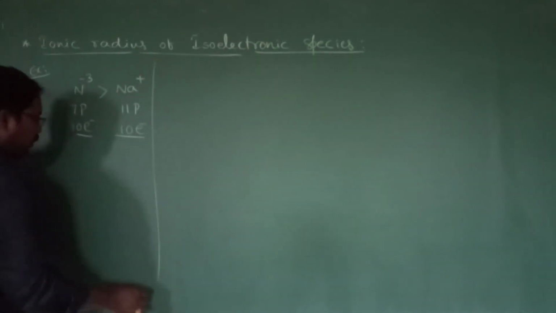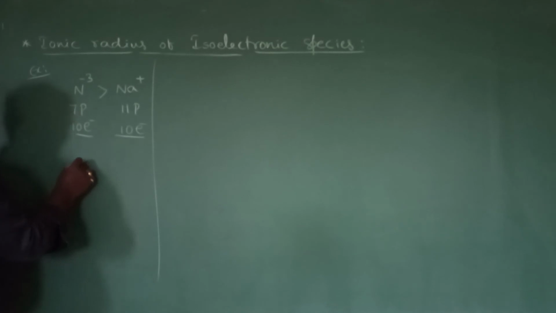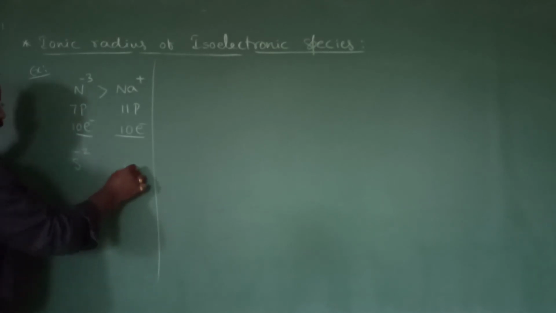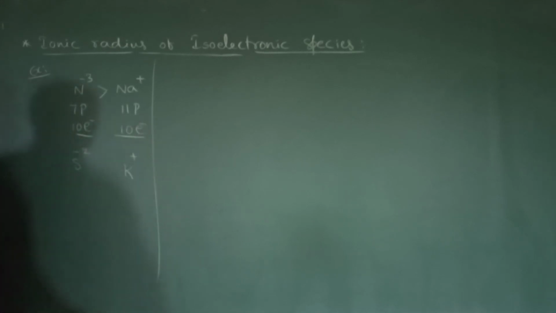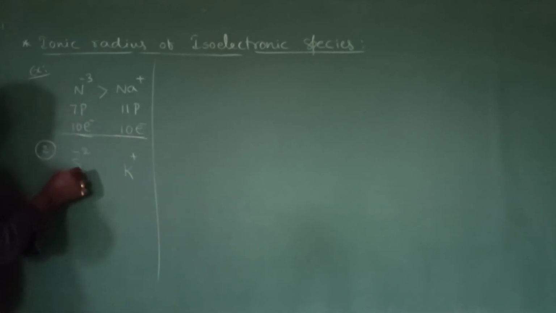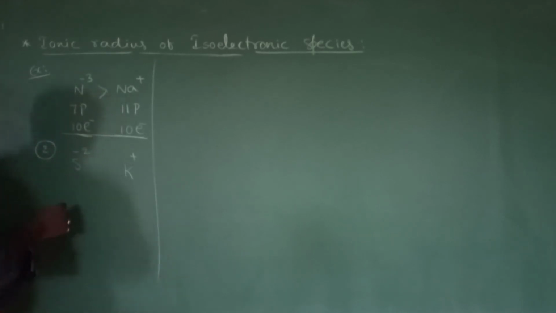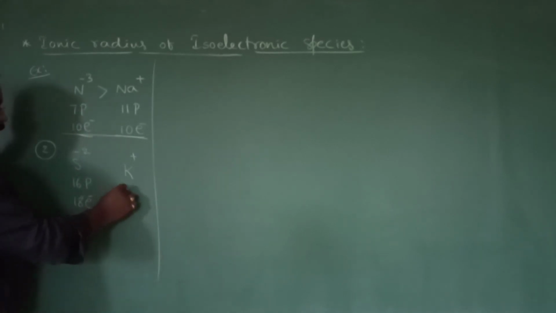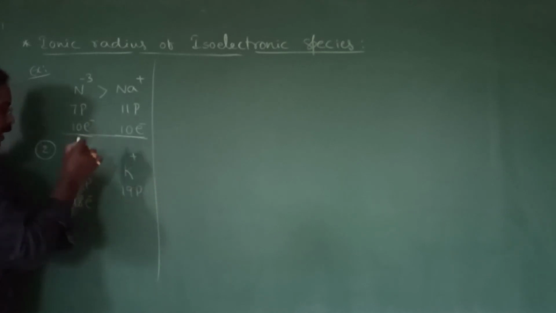Now, let's look at another example. The other example let us see. Sulfide ion. What is its atomic number? 16. So 16 protons gained 2 more, 18 electrons. Atomic number 19. Lost one electron, so 18 electrons.